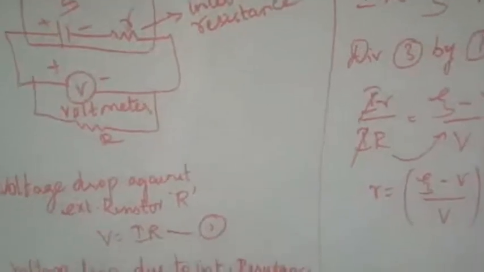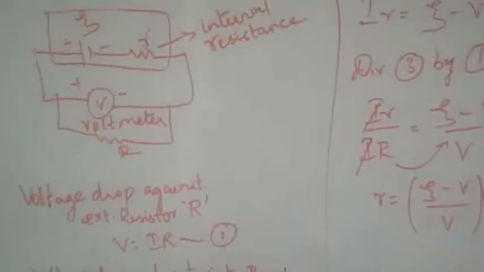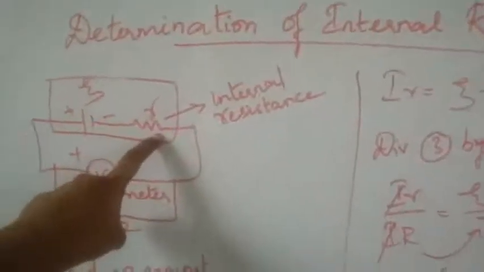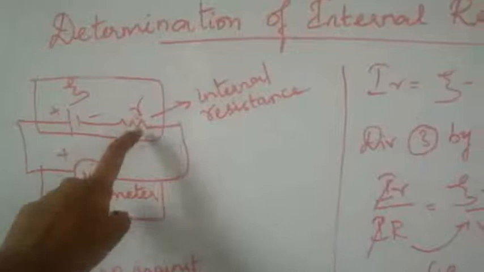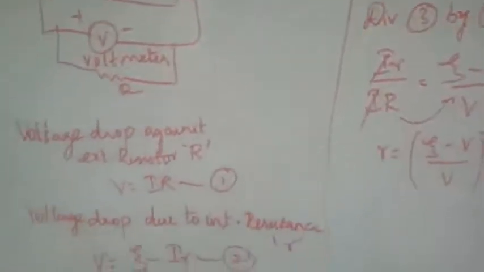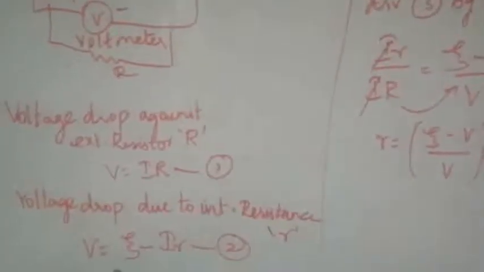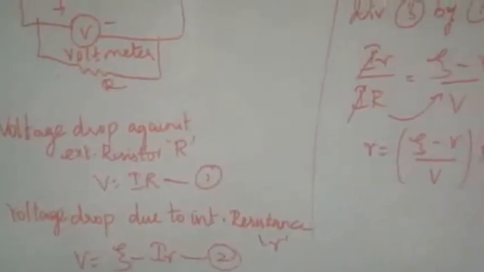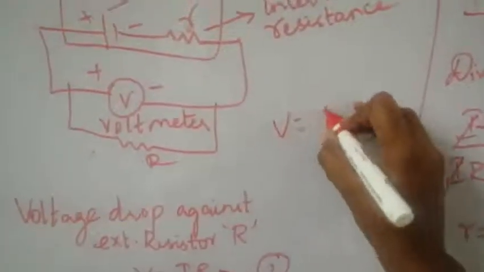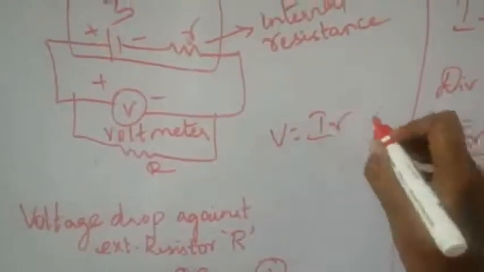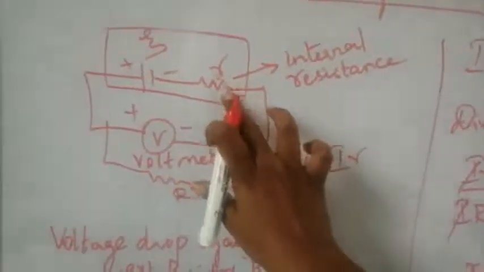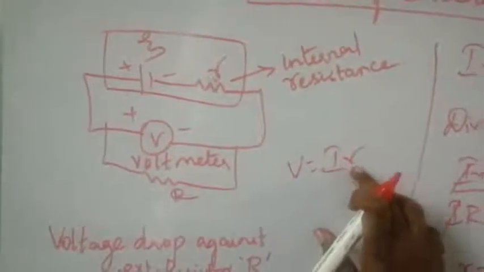Let it be equation number 1. And we know that some internal resistance exists inside the battery, and this will also drop some voltage, which is given by V is equal to psi minus Ir. Why? Because by Ohm's law, the voltage drop is IR, and for the battery the resistance is the internal resistance small r.